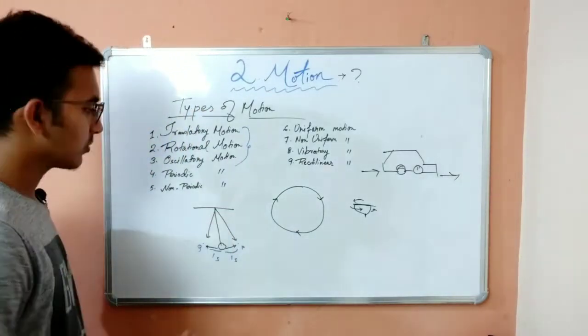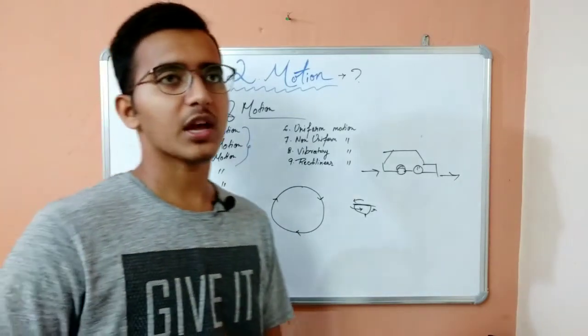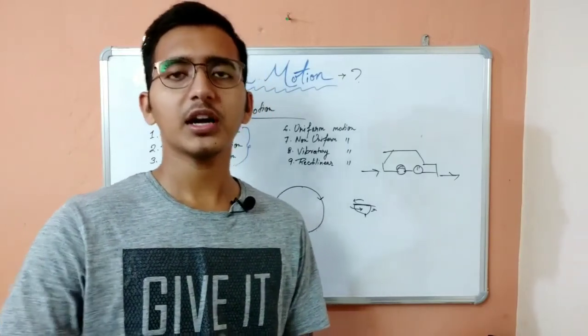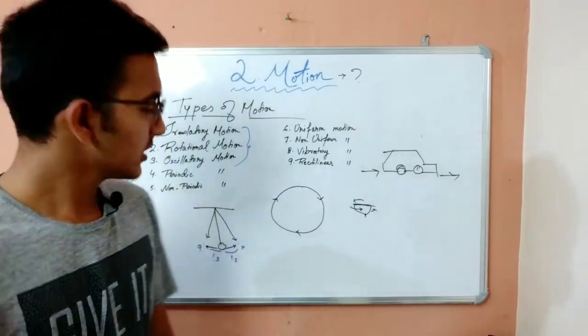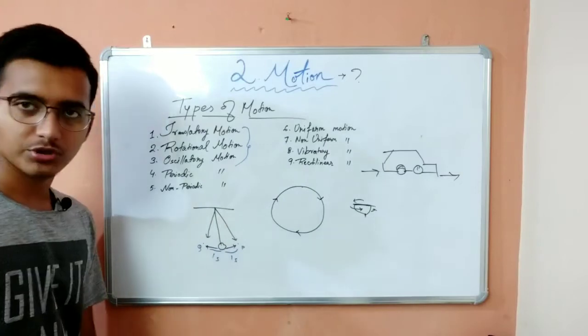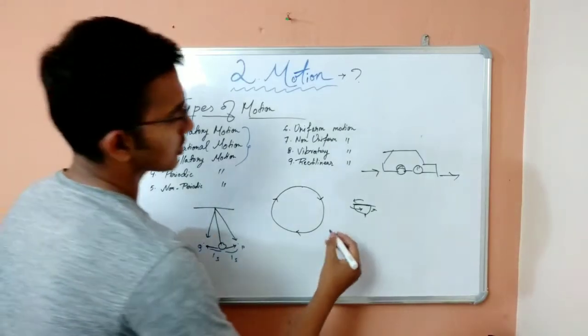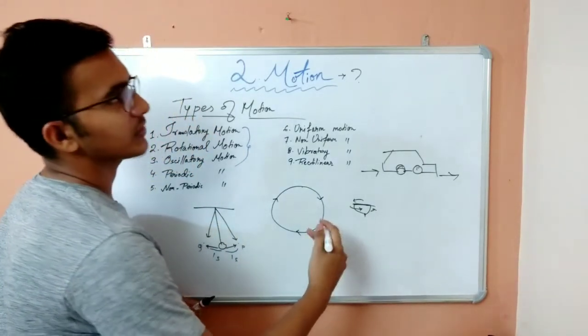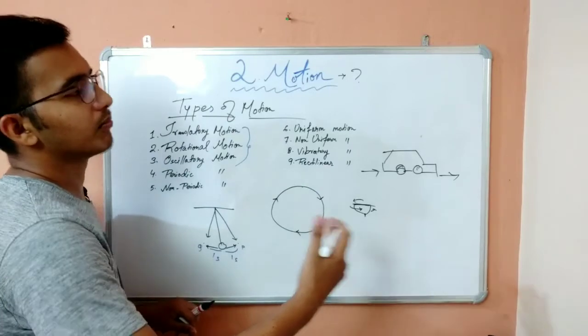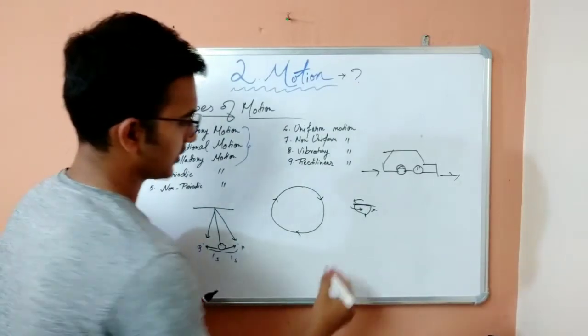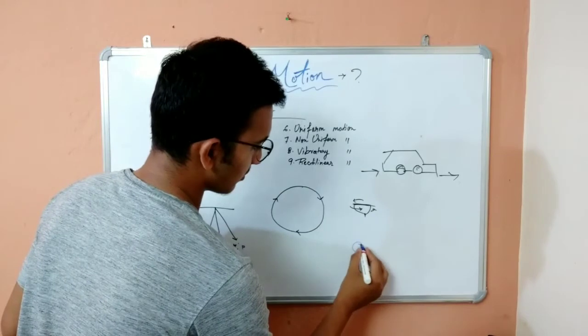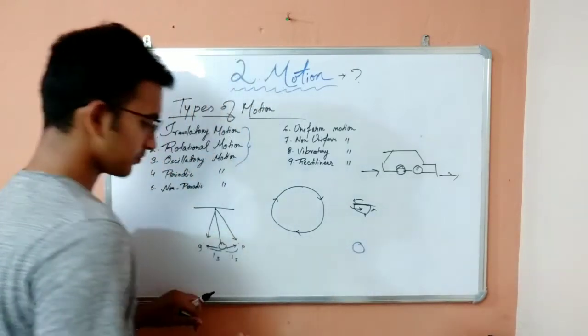What is non-periodic motion? Motion which does not happen at particular or proper intervals of time is called non-periodic motion. Take for example a football.